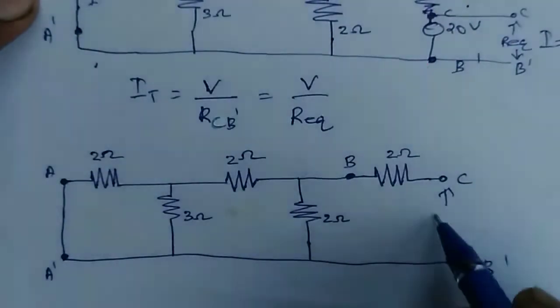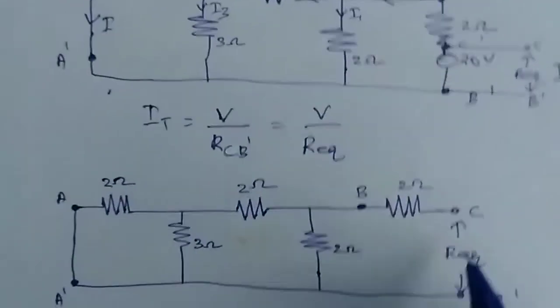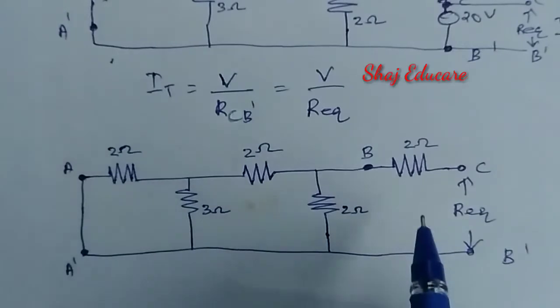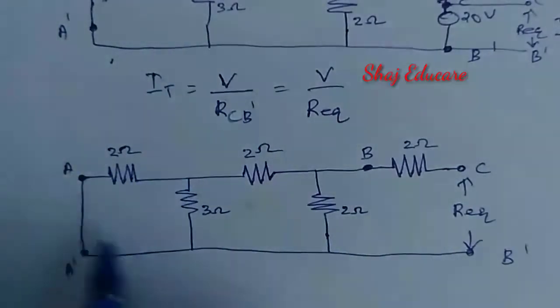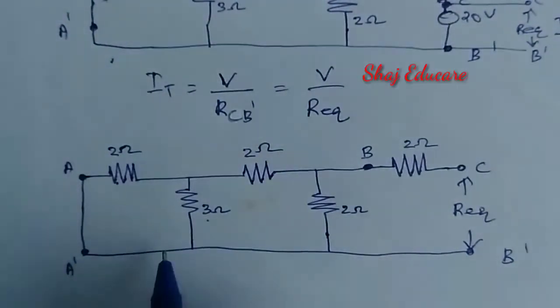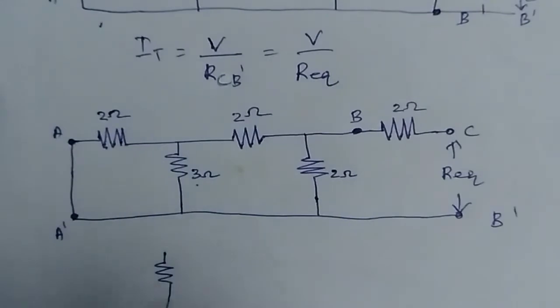Now we have to evaluate the equivalent resistance across CB dash. For that purpose, let us solve the resistance from the opposite end. From here, we can find the equivalent resistance. These 2 ohm and 3 ohm are parallel to each other. So let us redraw the circuit using a single resistance.